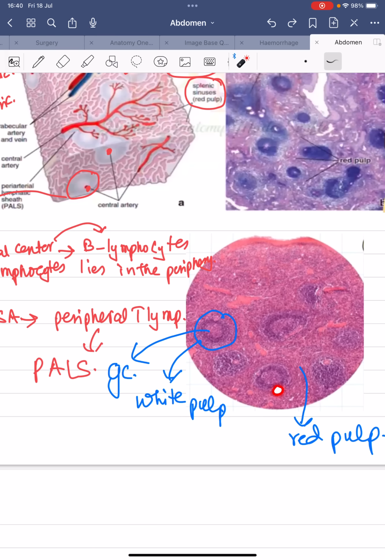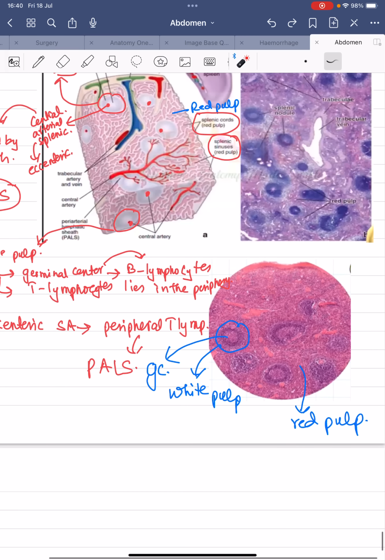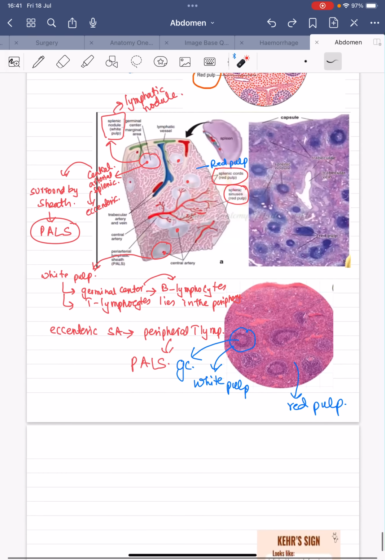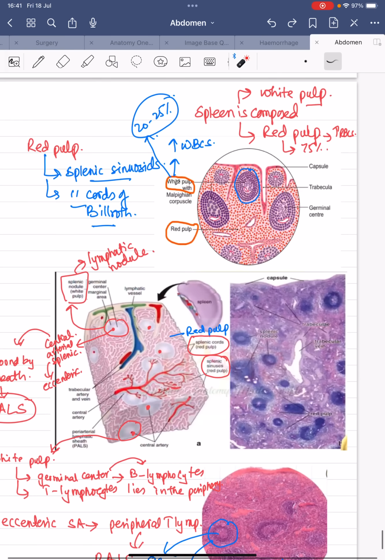This arteriole, please remember, is surrounded by T lymphocytes, so it is known as the periarterial lymphatic sheet.